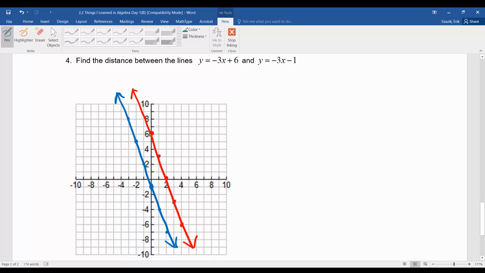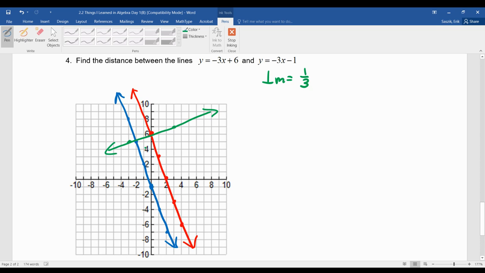Now, I'm going to use this one up here. Now remember, our slope is negative 3. So the perpendicular slope would have to be positive 1/3, right? The opposite reciprocal. Okay? Now, again, I'm just going to create a visual. So up 1 over 3, down 1 left 3.